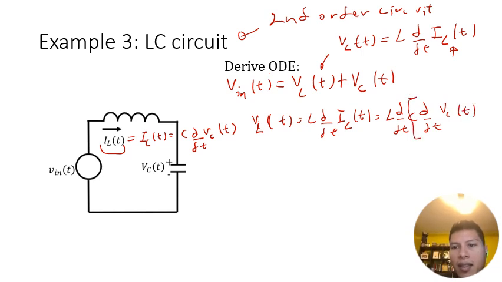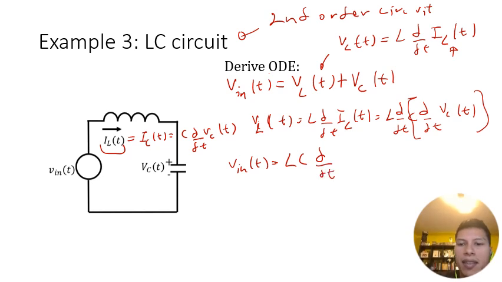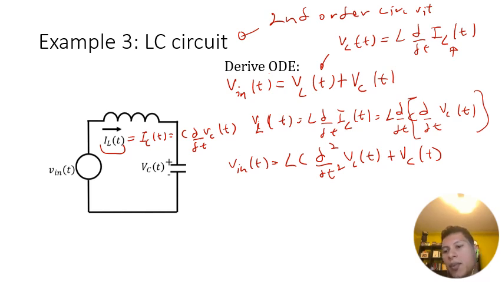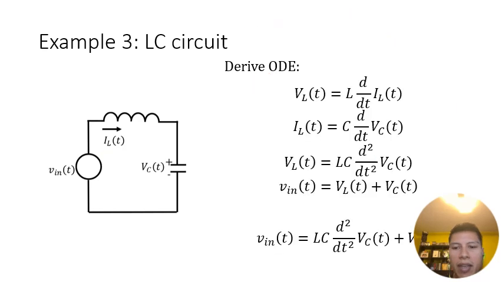So this is just plugging in for IL equals IC, and then plugging in C dV/dt. That allows us to rewrite this equation as Vin of t equals L times C, and you can factor out the C because it's a constant, times the second order derivative of Vc of t, plus Vc of t. So that's our differential equation for this particular circuit. And as you will see later, the roots are purely imaginary.